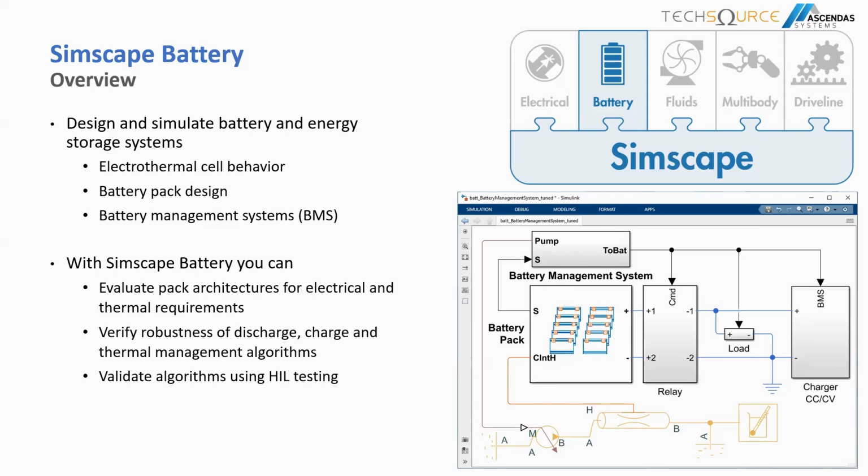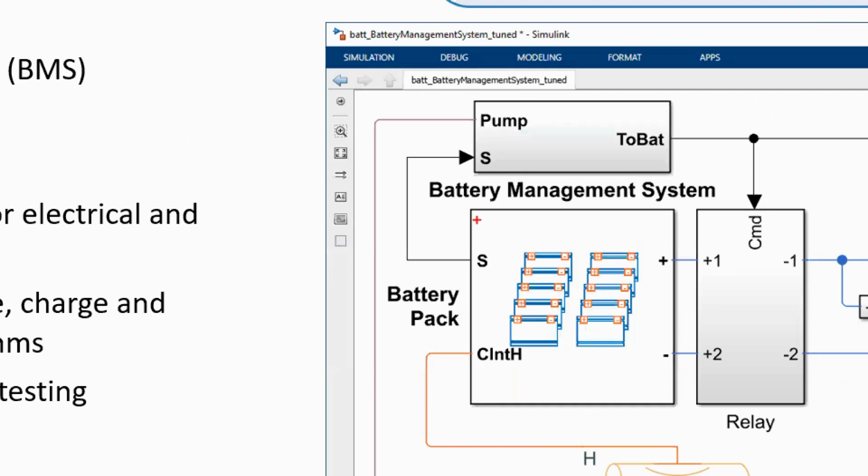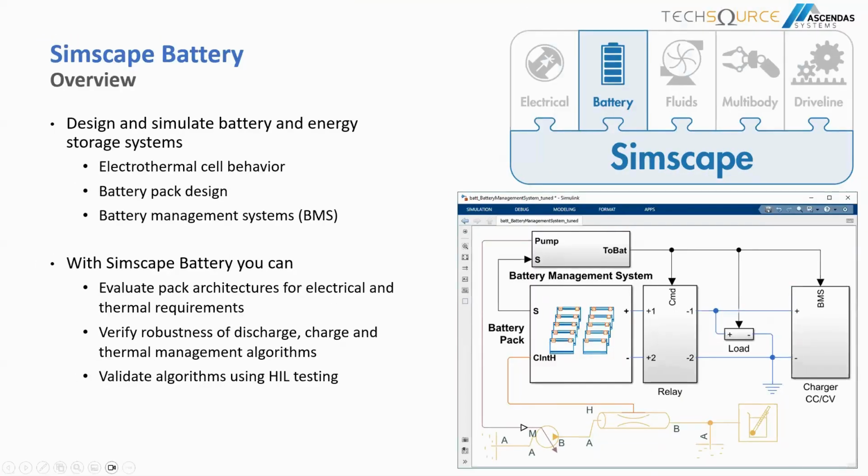Simscape battery helps you modularize your batteries, and then in the end you connect all of these modular battery systems into a battery pack. For example, you can see this battery has different modules, in parallel and series to each other, to meet your battery requirements in the design.